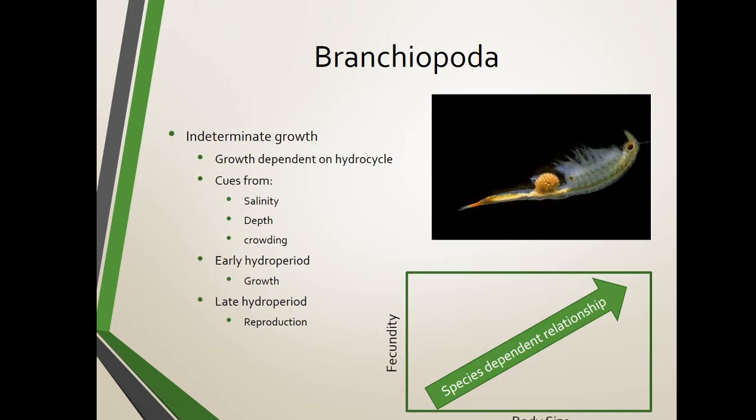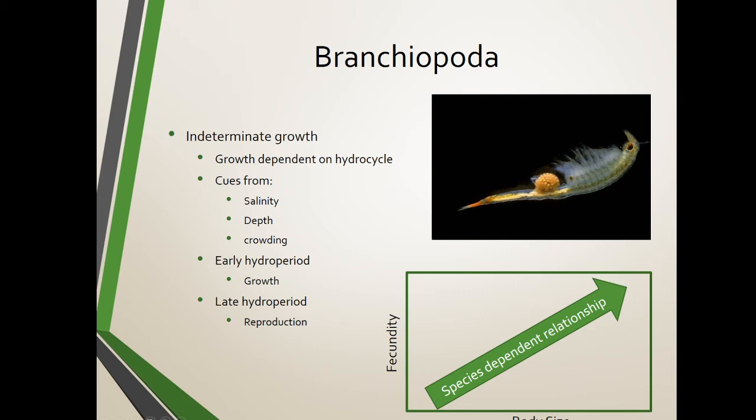And they have this really indeterminate growth, meaning they will continue to grow as long as they can, because the bigger they are, the more eggs they produce. And this shouldn't be a line, it should really be more of an exponential kind of curve.